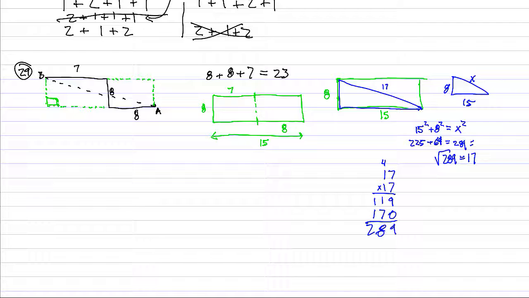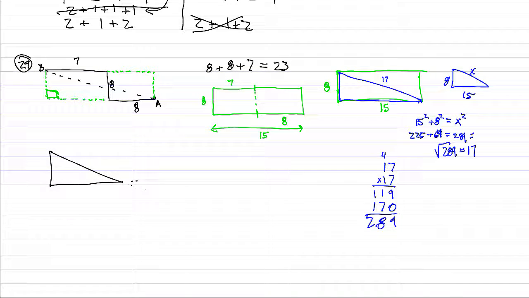8, 15, and 17. This is another one of those right triangles that you want to remember.